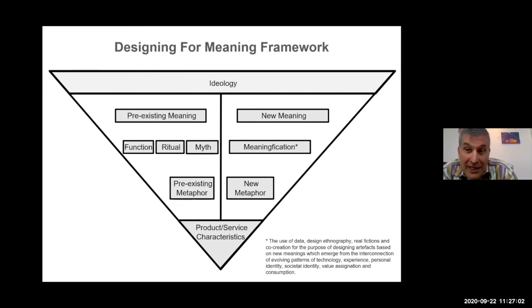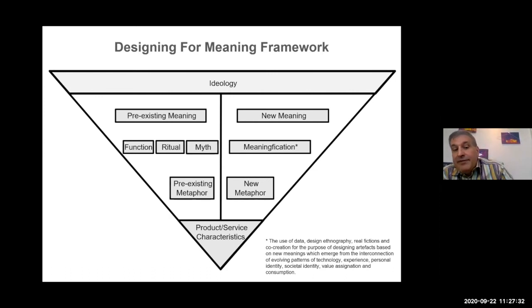If it's a new meaning, we don't want to be associated with previous meanings. We'll probably give it a name that no one's familiar with. We'll probably talk about characteristics of the product, system, or service which no one has talked about at length on the television, in the media. We'll insist on highlighting the novelty and the new abilities, whether they be functional, ritual, or mythical, that this disruptive innovation brings to people, brings to the market.